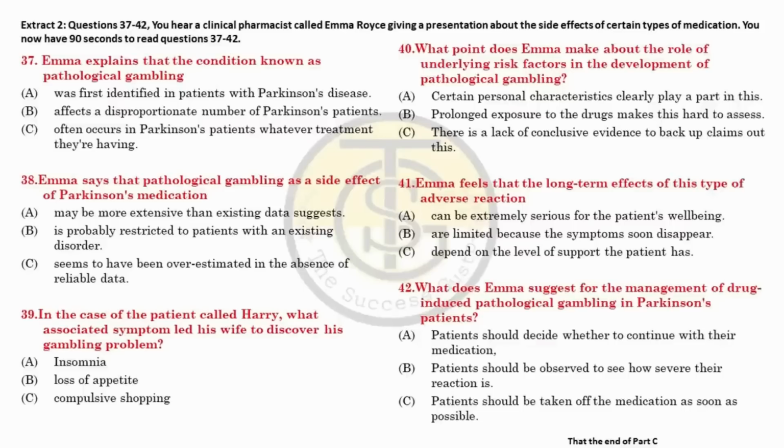So, what are the long-term effects of these adverse reactions? Pathological gambling seems to be reversible when the dose of the dopamine agonist is reduced, or the patient is transitioned to an alternative medication. Basically, dopamine agonists help Parkinson's patients by replacing the loss of dopamine in areas of the brain that control the ability to move.